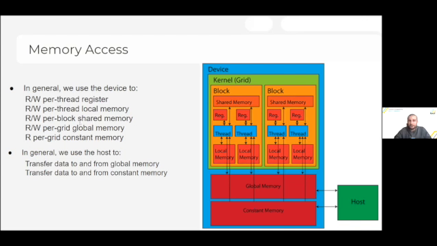As I mentioned, the blocks and the threads within a block have different access patterns to different memories. Each thread has access to its own registers. The threads have access to the local memory. The local memory is where the dynamic arrays and the arrays and also all sort of stack variables go to be stored.